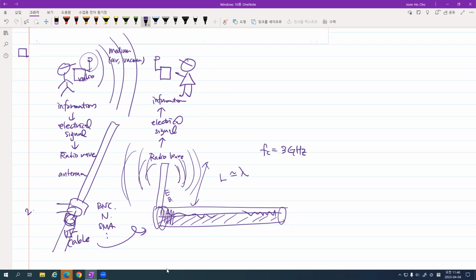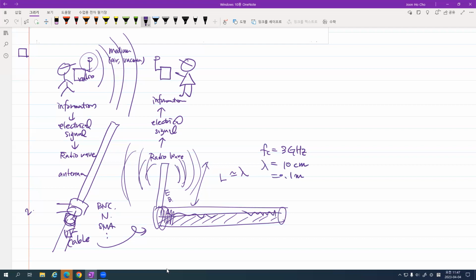It's really amazing, right? Within just 1 second, we have 3 times 10 to the 9 oscillations. And it has 0.1 meters of wavelength.